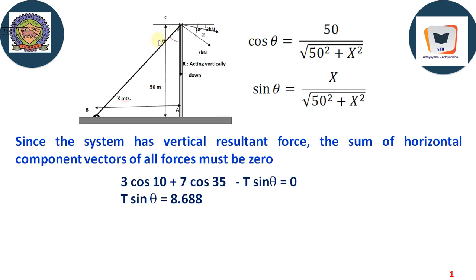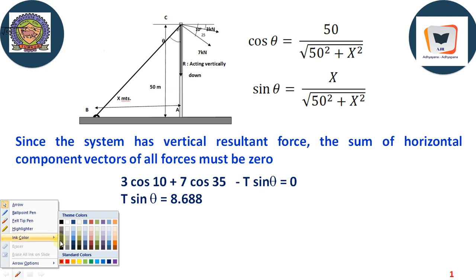Tension acts in the wire BC, and its horizontal component is negative, therefore T sin theta.